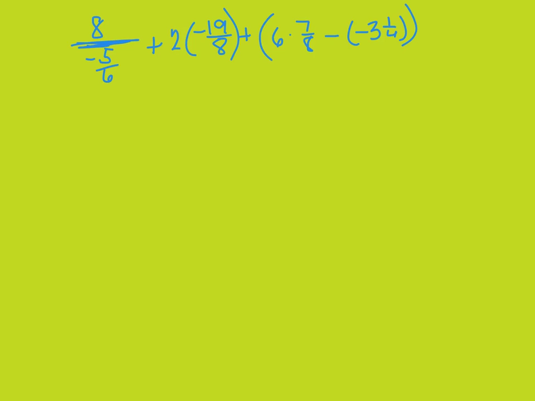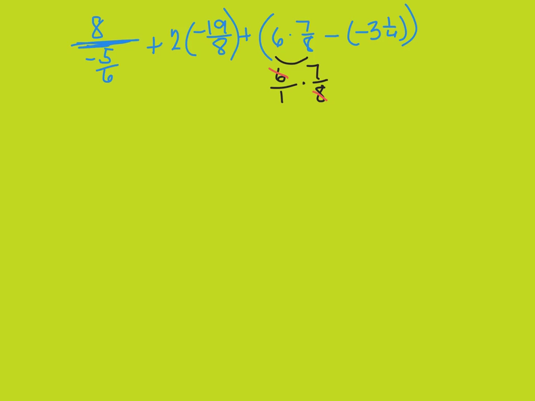I move on to the next, and I know that the first thing I get to is 6 times 7/8. So I need them both to be in their improper fraction form, so that I put that 6 over 1 times 7/8. To make my life easier, I am going to cross cancel first. So what goes into 6 and 8?